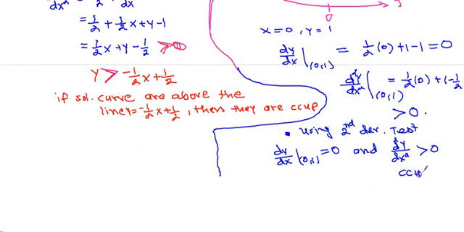You can make connection here, concave up, and there is a relative minimum at (0, 1). This will give you full 3 points.